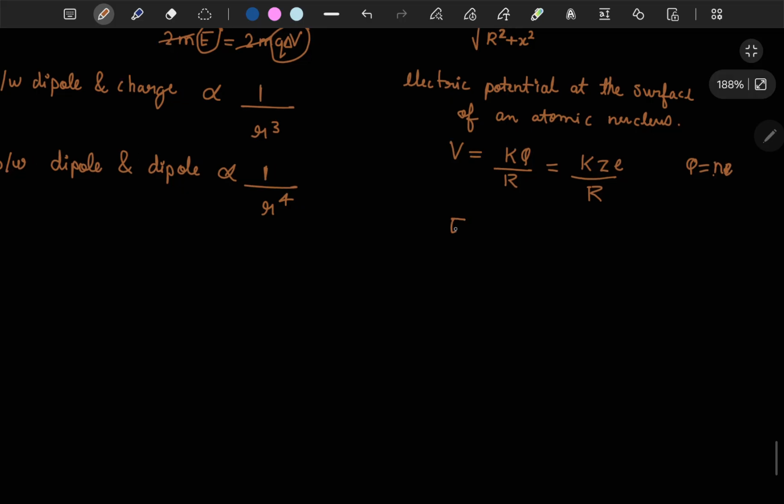Moving ahead, E is equal to minus delta V upon delta R. We had talked about this. So it is basically applied for equipotential surfaces also. What are equipotential surfaces? Here the electric field is always perpendicular to the surface.